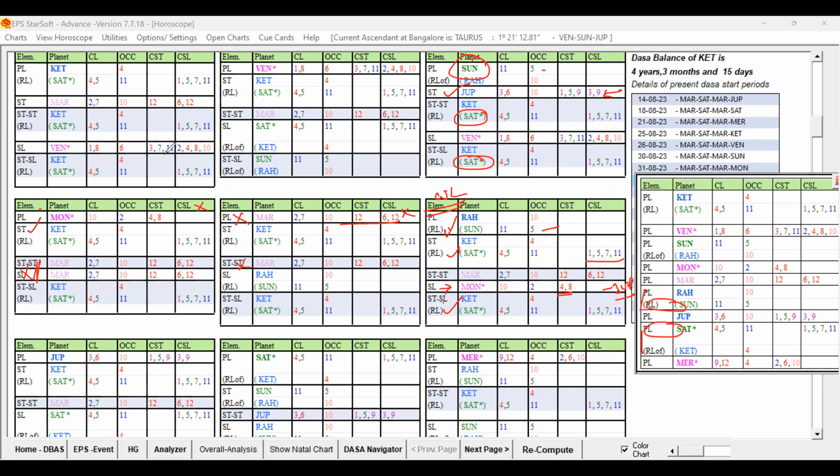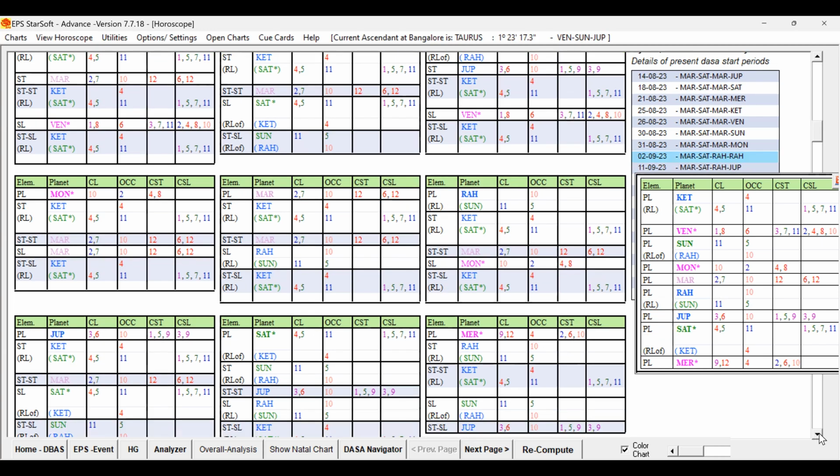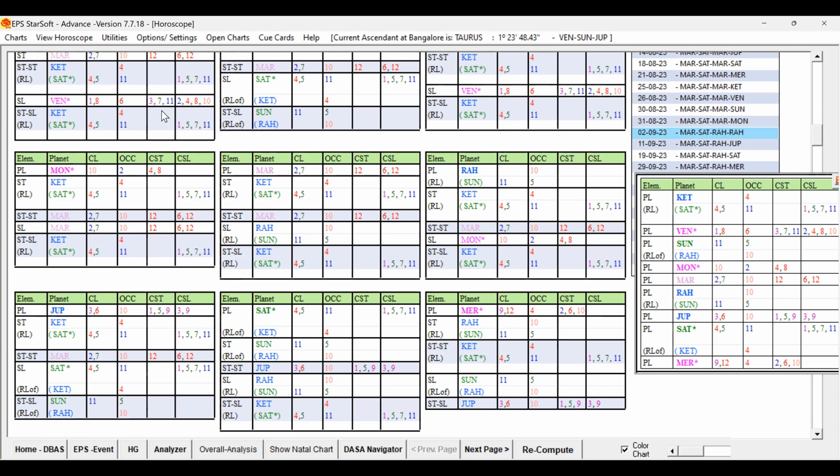And now let us check Jupiter. Let me scroll down, then only we can see the complete table. Yes. So we have kept Rahu on the waiting list, and Jupiter is fine.